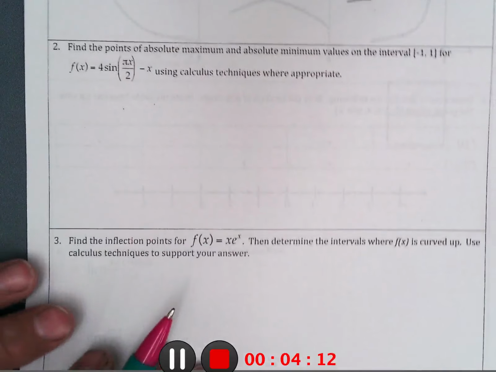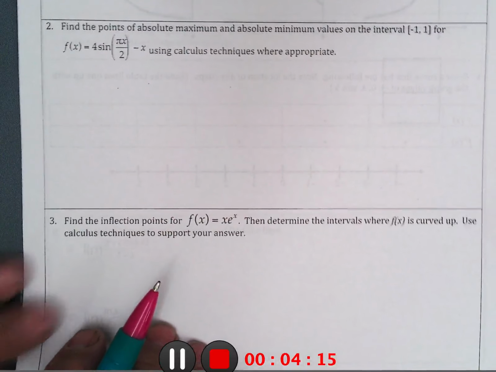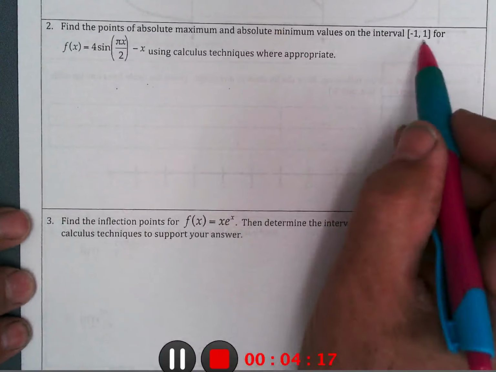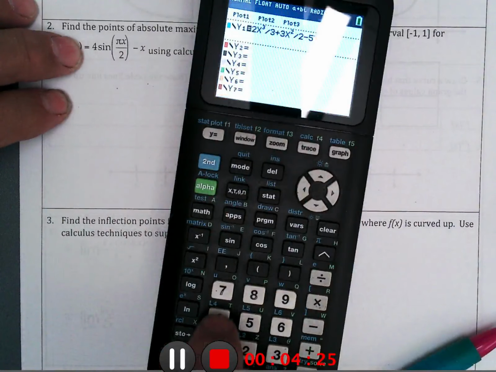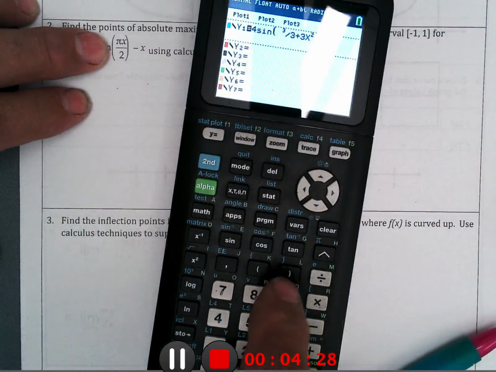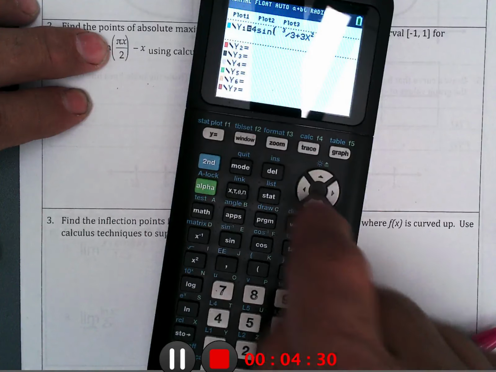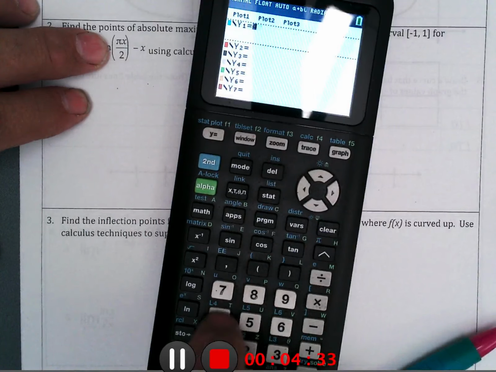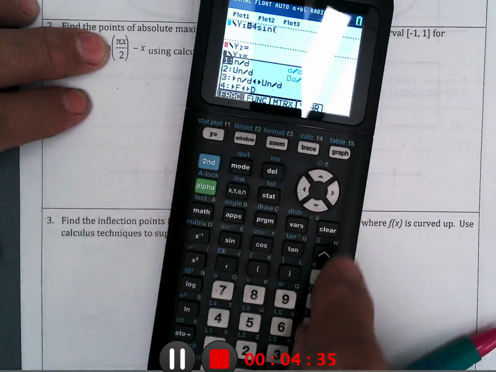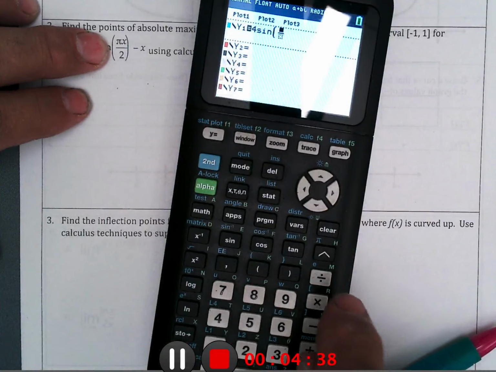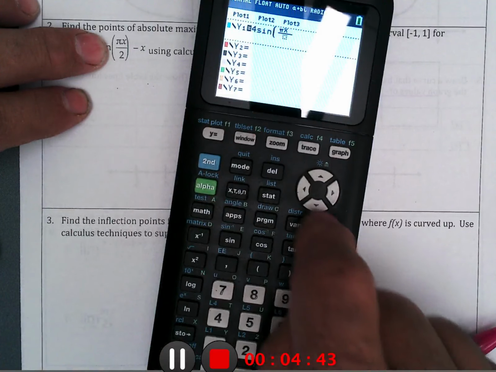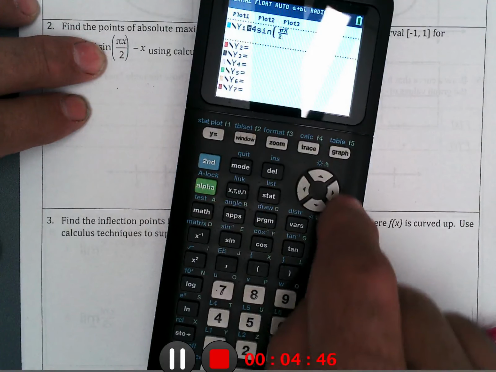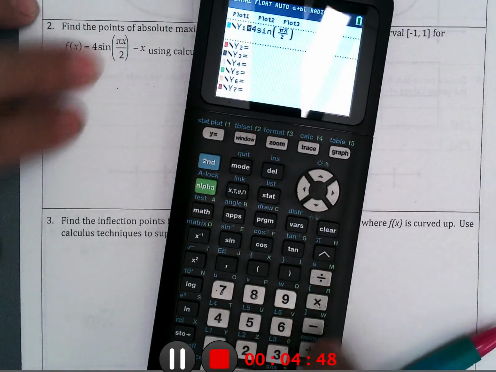Problem number 2. Find the absolute max and min of this. So I'm going to go to my calculator, start off right away, and type in 4 sine, we're going to do pi x divided by 2, and close the sine, minus x.